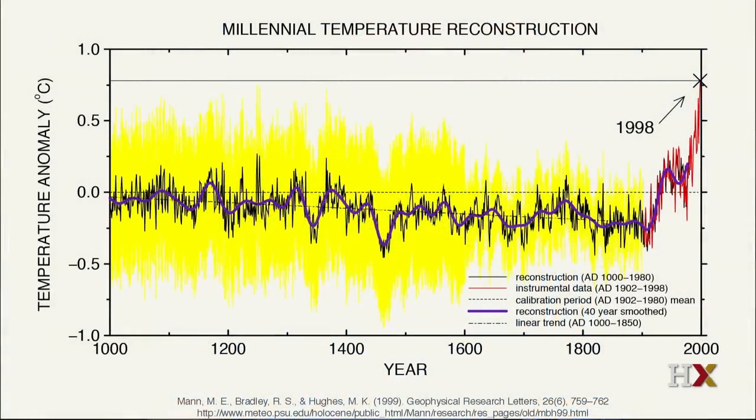Mike produced this curve in the late 1990s, where he combined the instrumental record of temperature over the last 150 years with a variety of proxy records of ancient temperature, including from tree ring records and from ice cores. You can see his paleo reconstruction of temperatures over the last 1,000 years in black, with some estimate of the error shown in yellow.